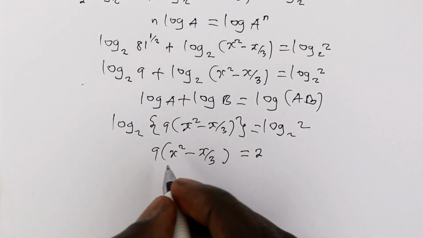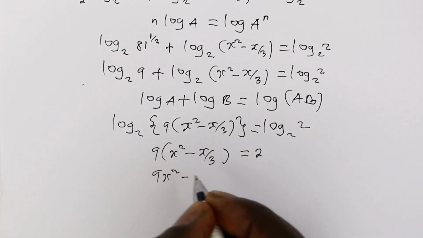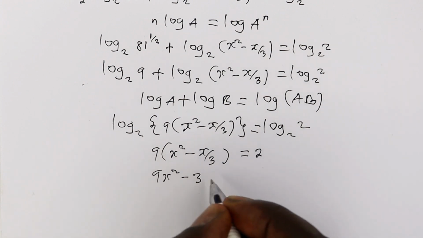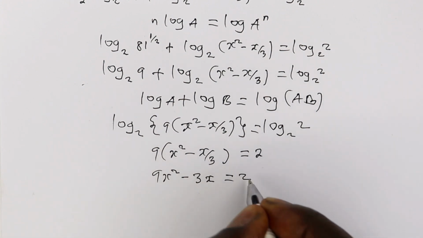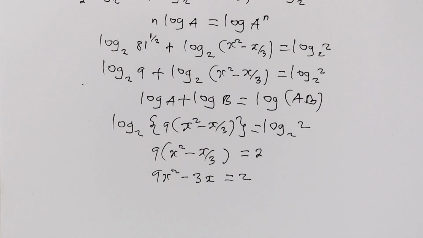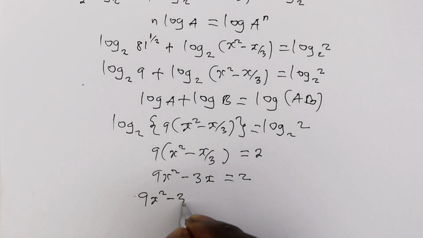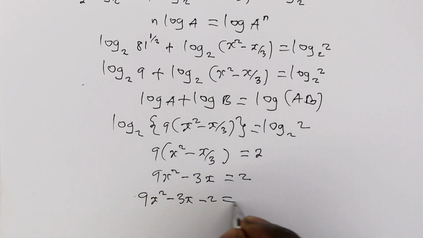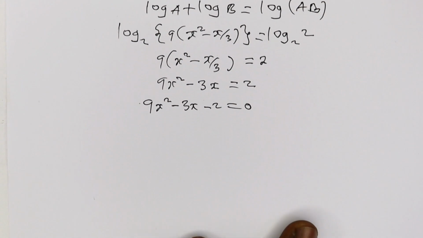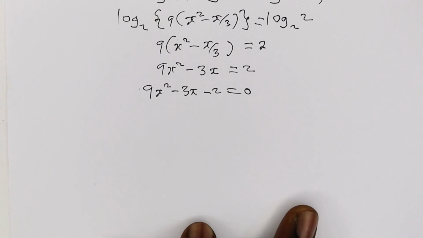So let us rewrite this as 9x squared minus 3x is equal to 2. This is a quadratic equation, which you can write in standard form as 9x squared minus 3x minus 2 is equal to 0. We can use different methods to solve for x in this quadratic equation.